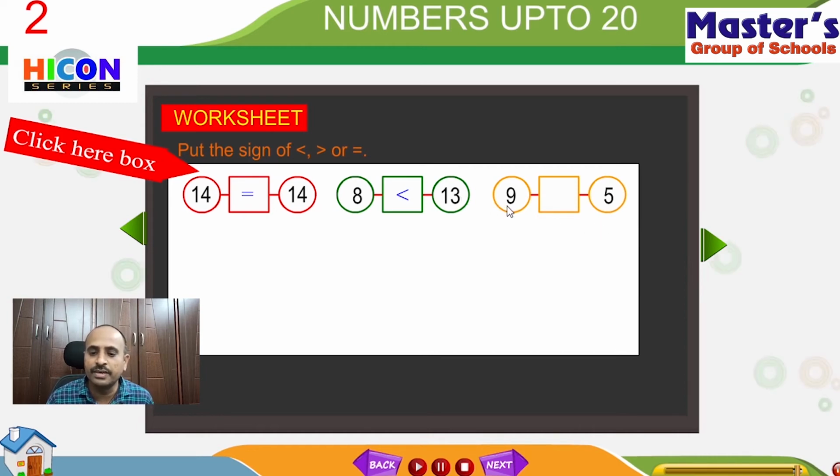The first number is 9 and the second number is 5. Here 9 is the greatest number, 5 is the smallest number. Here the first number 9 is the greatest number, so we have to put the symbol greater than. So this is the way how to compare the given numbers by putting the symbols less than, greater than and is equal to.